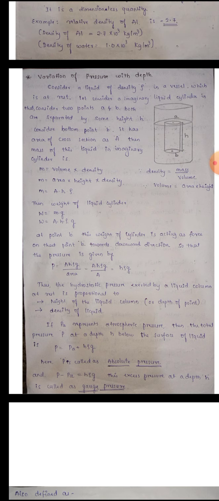So consider the bottom point B. It has the area of cross section A. Then the mass of the liquid in this imaginary cylinder is what we are going to calculate here.